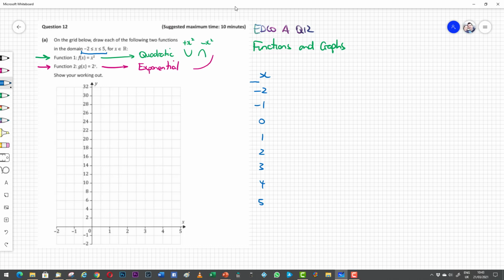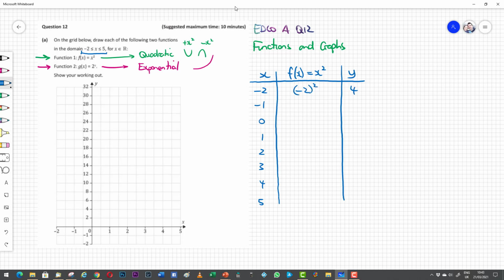So you set up a table, and so on the top I have my x values here on the left hand side. I'm going to put my function in the middle, so f of x is equal to x squared if we take the quadratic function first, and then I'm going to have my y values on the right hand side. So we sub -2 in for x, so we have -2 squared, and -2 squared is +4.